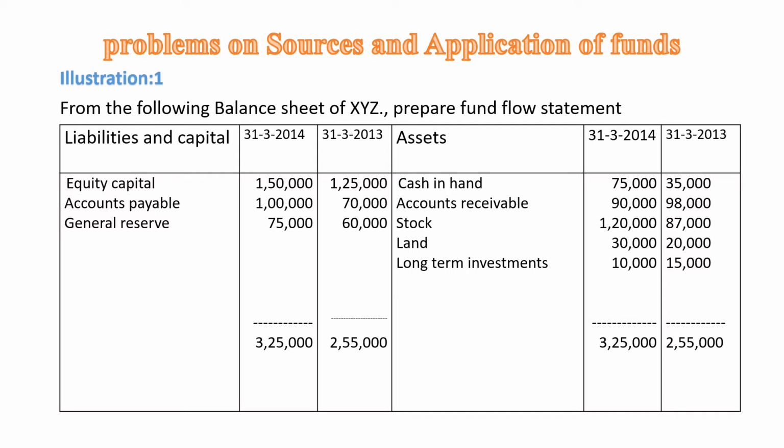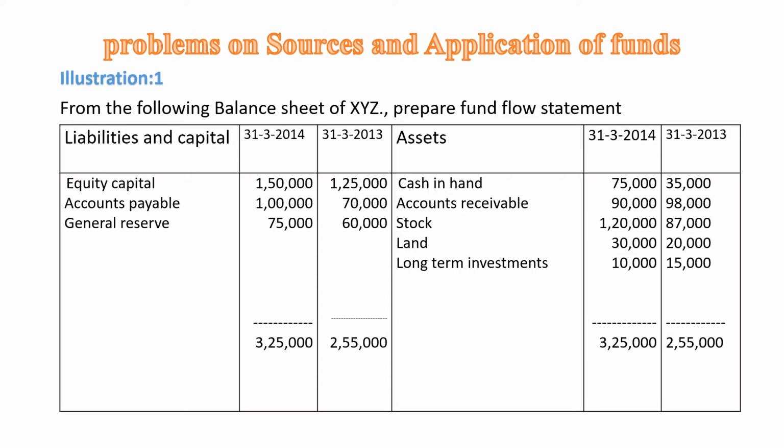See the liabilities: equity capital 1,50,000, 1,25,000; accounts payable 1,70,000; general reserve 75,000, 60,000. Assets: cash in hand, accounts receivable, stock, land, long-term investment.